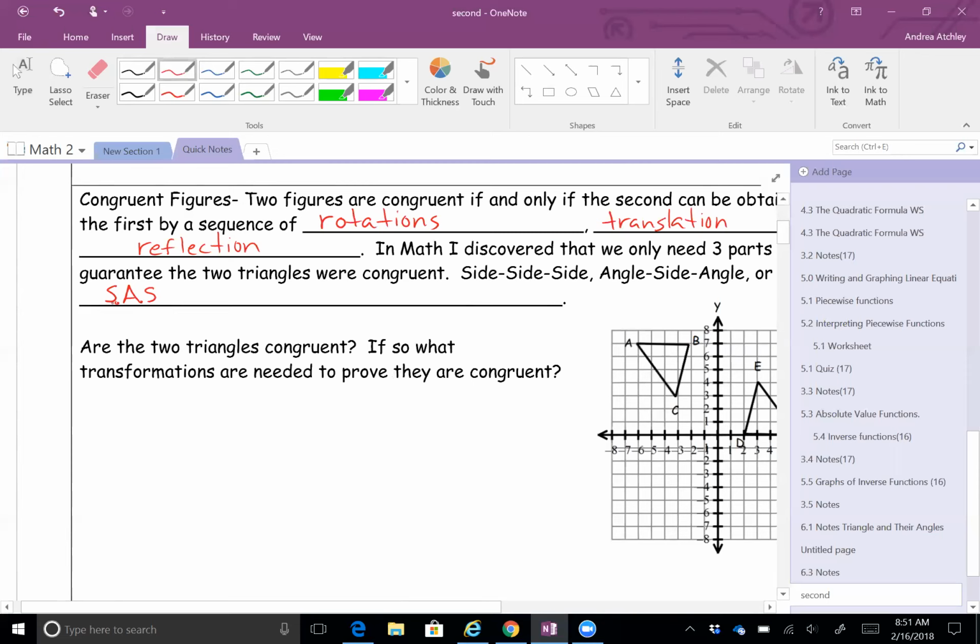It only worked in right triangles. HL, I heard someone say it. Who said HL? HL, which is hypotenuse leg.